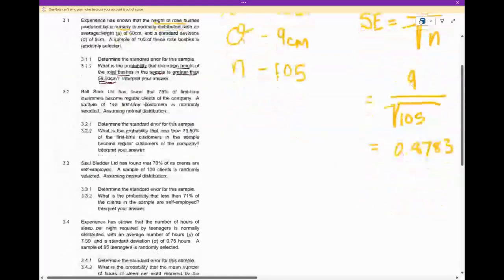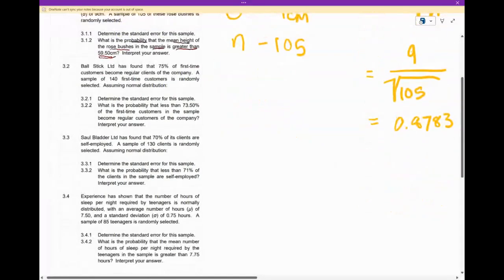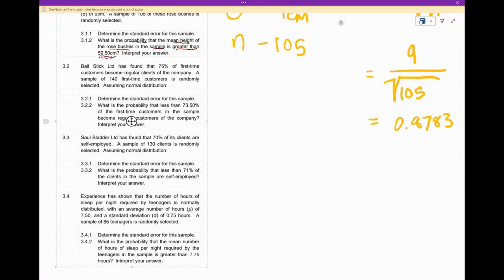And what are they asking us there? They say, what is the probability that the mean, in other words, the average height of the rose bushes in the sample, is greater than 59.50? I was just telling the guys today that yesterday I made a mistake. So this is why I'm redoing it now with you.